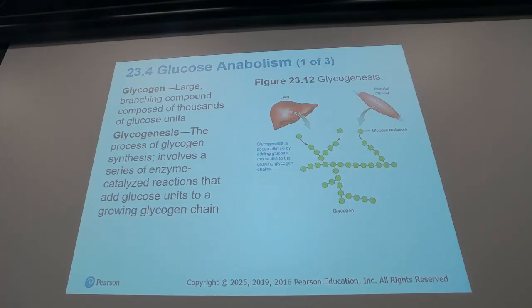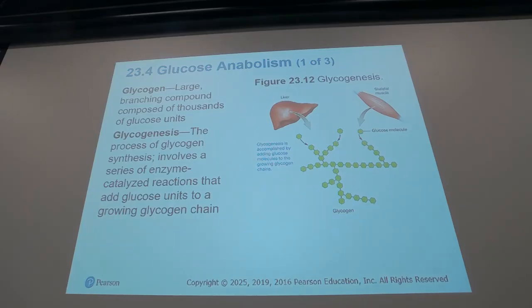And we store this glycogen in the liver, in the muscle cells, whether they are cardiac muscle cells or skeletal muscle cells. Now, skeletal muscle cells do not give the glucose coming from the glycogen to the bloodstream. Why? Because the muscles are very active and they need to have their own supply of glycogen.